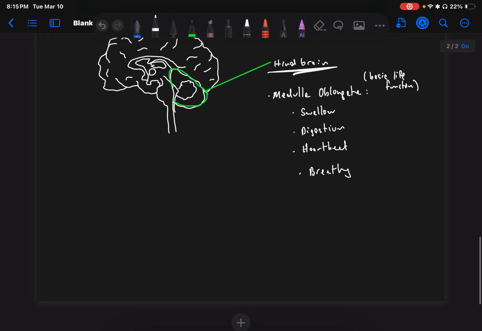Next up, we have the pons. What we learned about the pons is that this is the last part before the spinal cord. It's just relaying information from the higher nervous system to the lower nervous system, which is basically what I wrote.